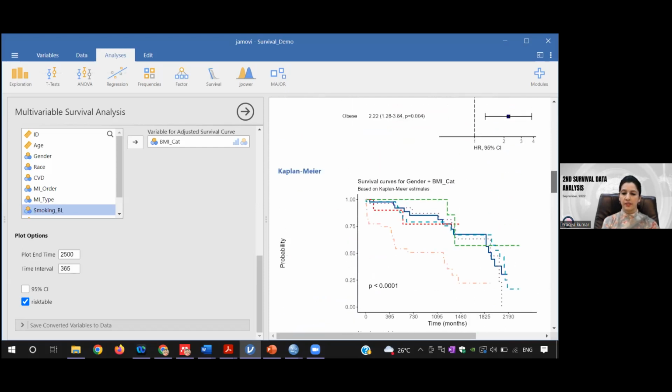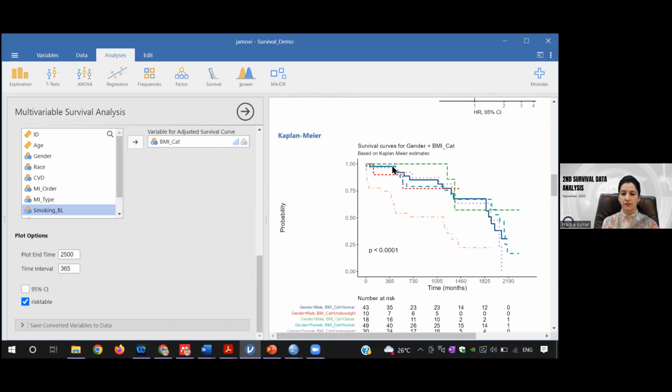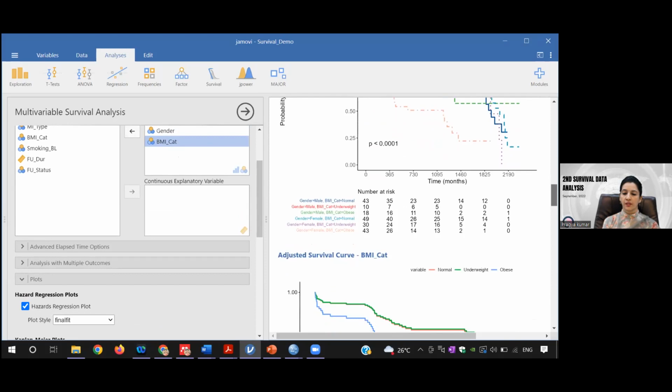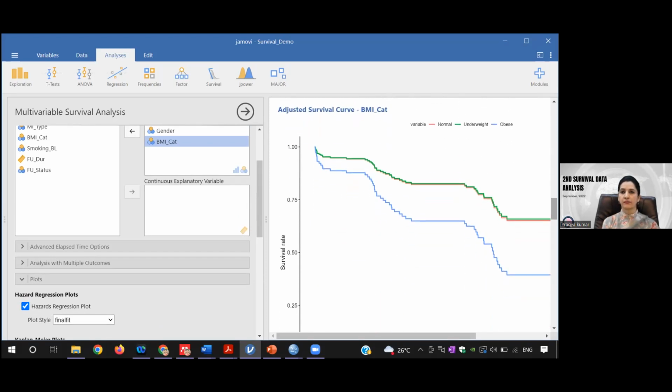Then there will be 6 graphs. This will be the Kaplan-Meier, and this can be done only for 2 variables. That's JAMOVI giving us the hint that you cannot have more than 2 variables. Any other question?